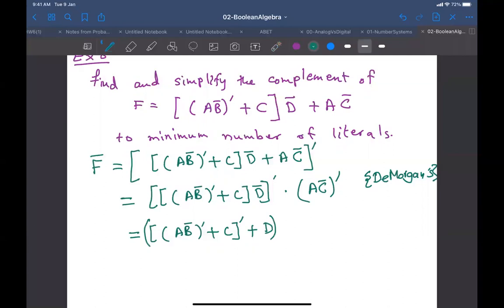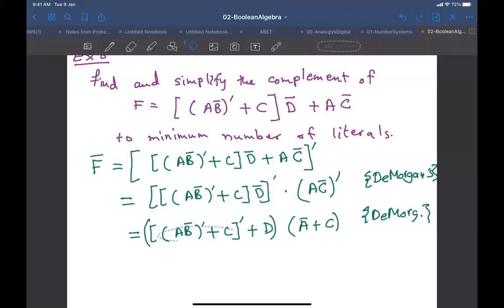And then I have this one here, which is simple. AC complemented becomes A complement ORed with C, right? By De Morgan's. I can say here De Morgan's. All right. Now I apply De Morgan's on this one here.